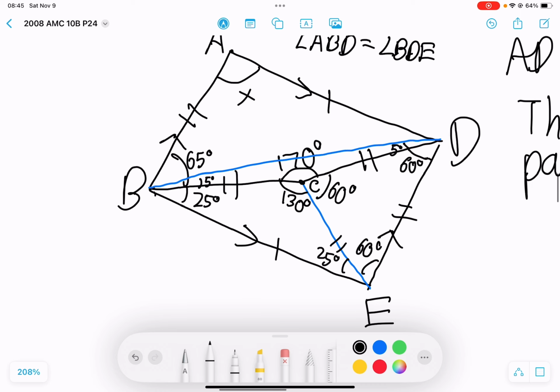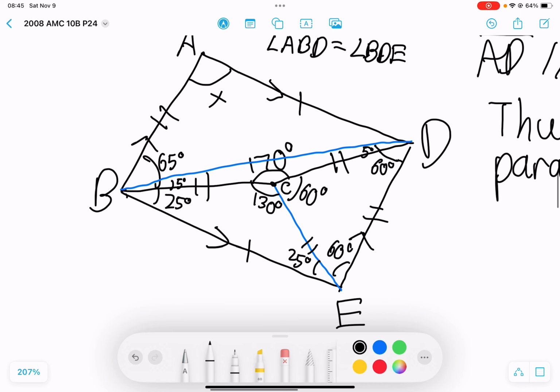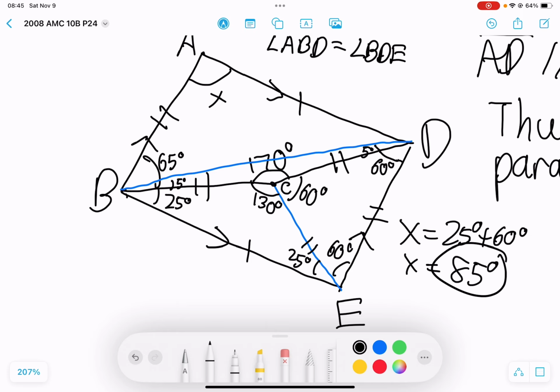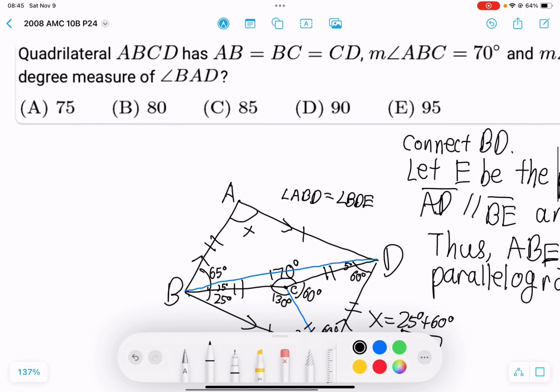And since this is a parallelogram, we know that angle BAD, which is our x, equals angle DEB, which is 25 plus 60. So x is 85 degrees, which is our answer. And let's see if x is in the answer choices. Well, yes, it is. It's C.